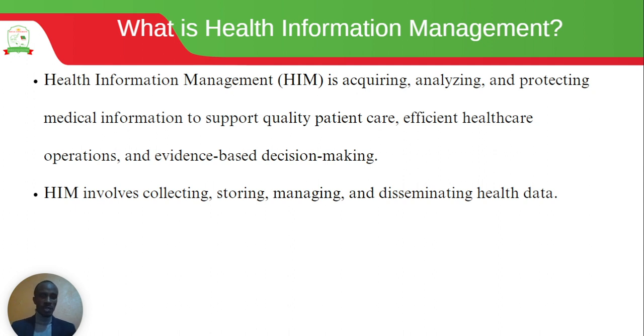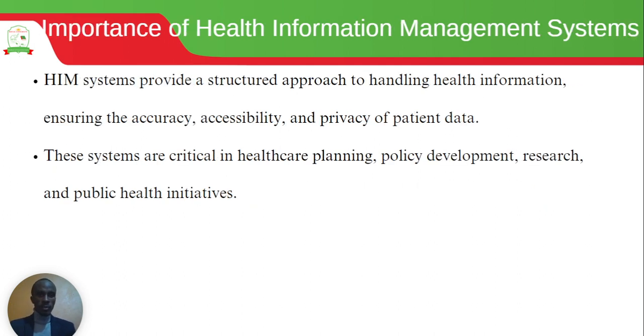So it involves the collection, the storing, the managing, and the dissemination of data that is generated in health settings. So the health information systems provide a structured approach to handling health information, and a very great importance of these systems is that they ensure accuracy, accessibility, and privacy of patient data.